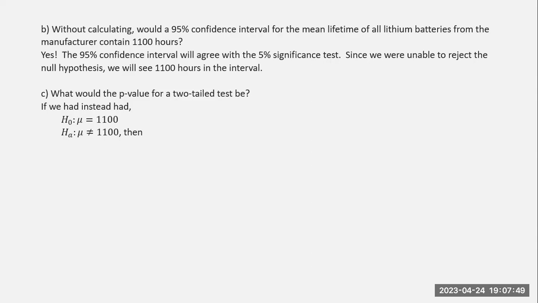Yes, that's it. Two-tailed test, twice the p-value, because it's a symmetric curve, right? So just remember that. If you have a two-tailed test, you find the p-value in the same way, and you just multiply it by 2. So it's 0.22 instead of 0.11.